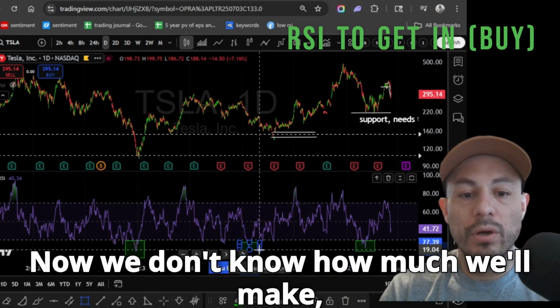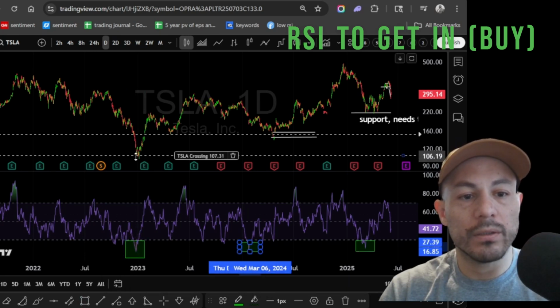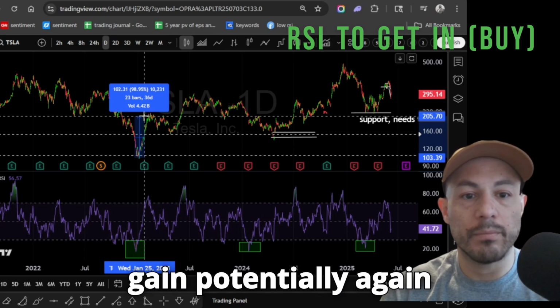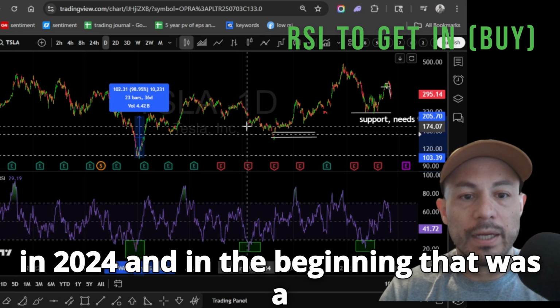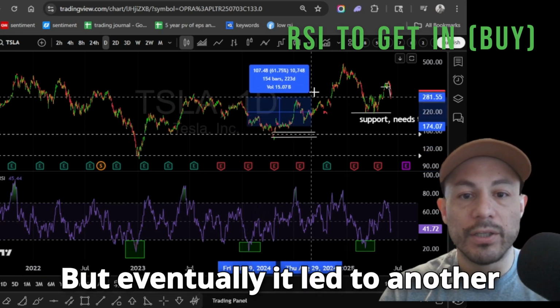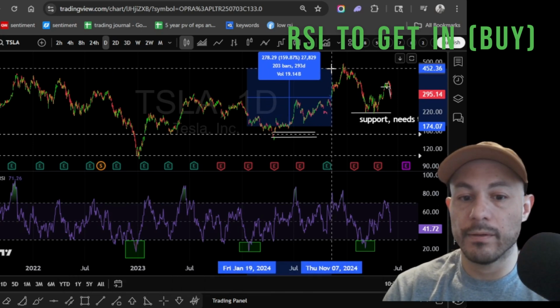Now, we don't know how much we'll make, but let's say in this dip in 2023, that was a big 100% gain potentially. Again, in 2024, in the beginning, that was a small gain and there was a drawdown, but eventually it led to another over 150% gain.